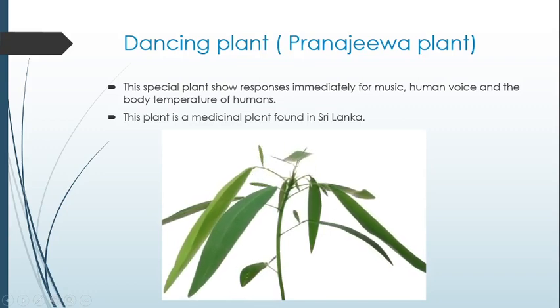When we close our hand near to this plant, these small feather-like structures turn toward our hands. And also when this plant hears music or a human voice, it reacts like that. So that is why we call this plant a dancing plant.